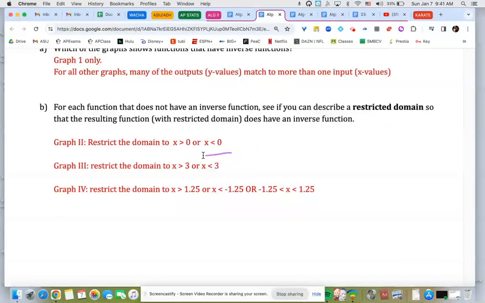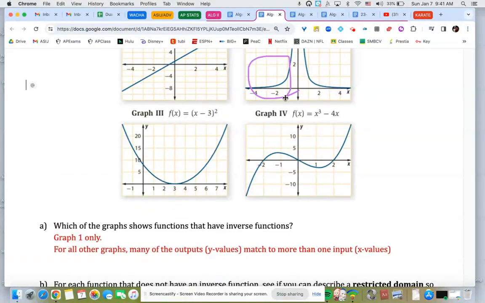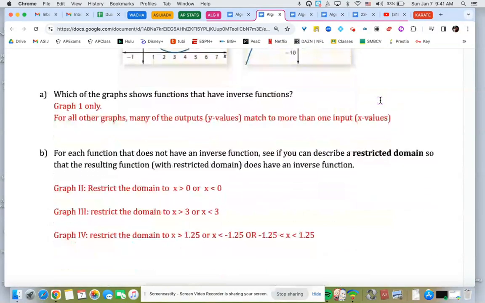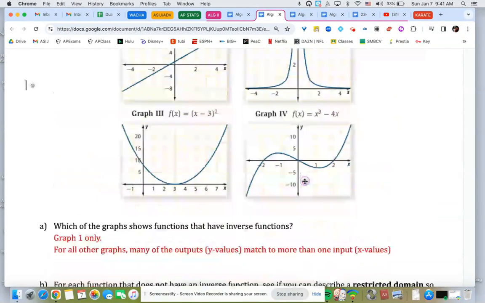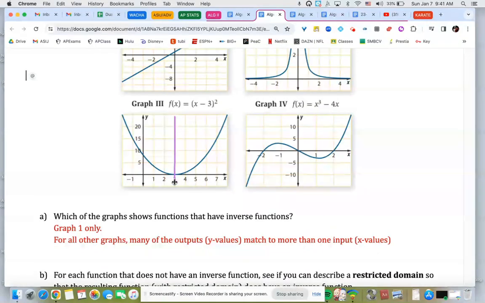So if we restrict the domain and either use the left-hand piece or the right-hand piece, but not both, then you could have something that would have an inverse function. Same thing with this one. If I were to just cut it down the middle and get rid of part of it, then the part that's left over would be an inverse function, because for every y value, there's only one x value, right?